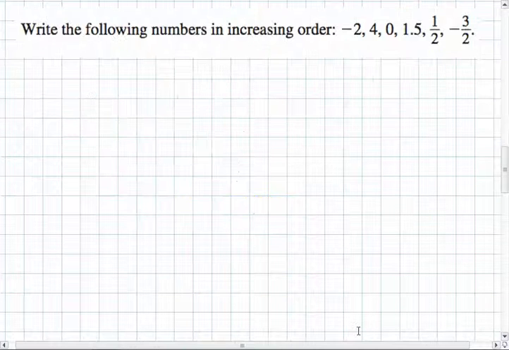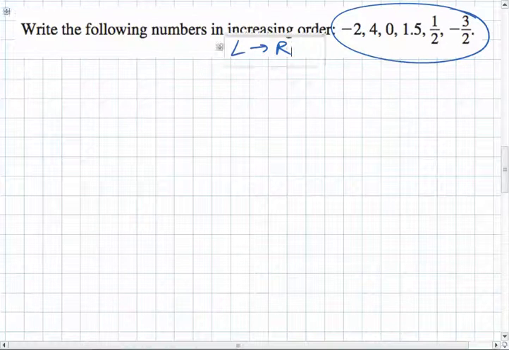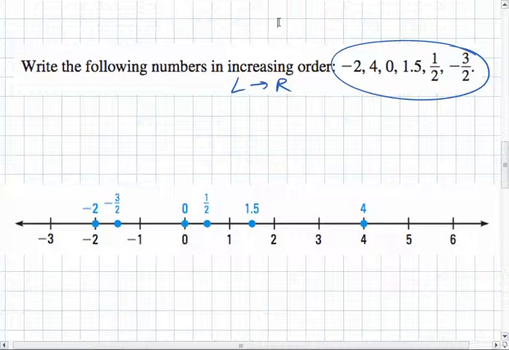You can extend this process to include more than two numbers. I could ask you to write these numbers in increasing order from left to right. And you would do that by plotting all the numbers on the real number line and then listing them as they are on the line from left to right. What would that plot look like? Here they are, all plotted on the real number line.